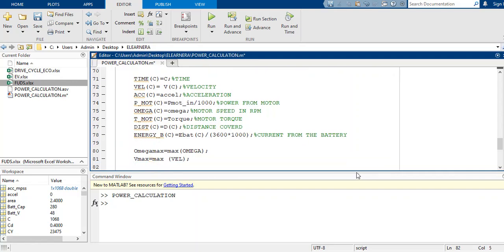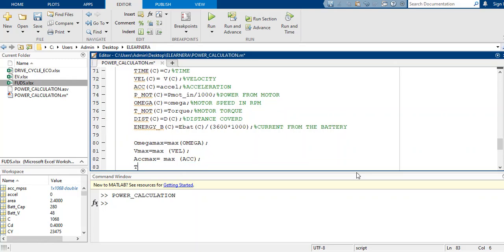We are doing all the work in MATLAB because it is very easy to identify what capacity or what motor we need to drive the vehicle.